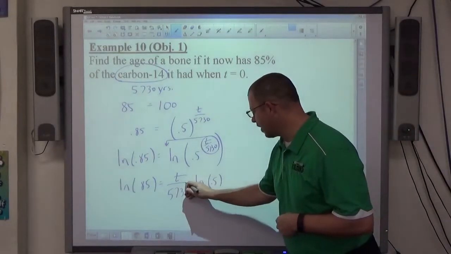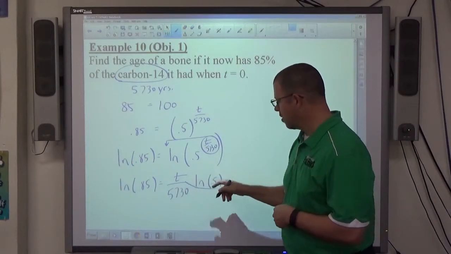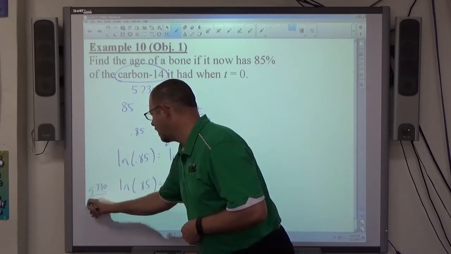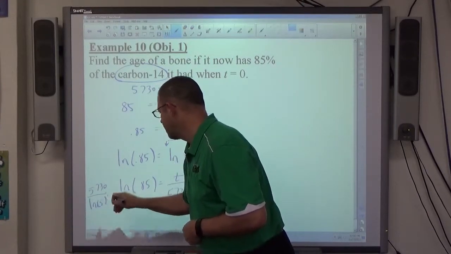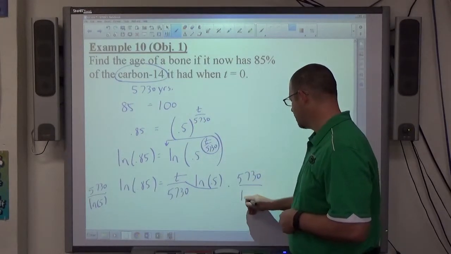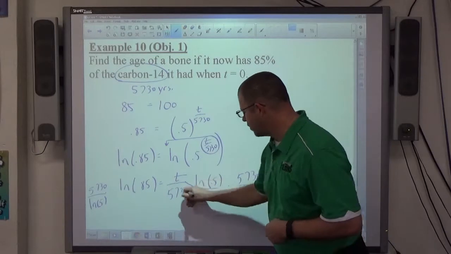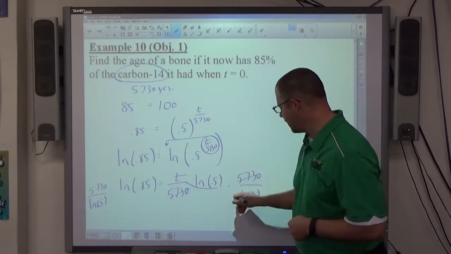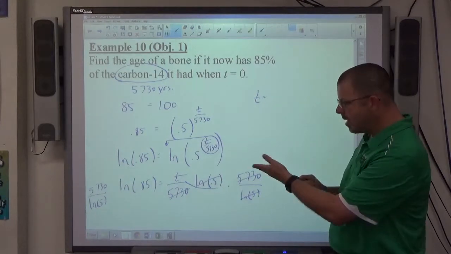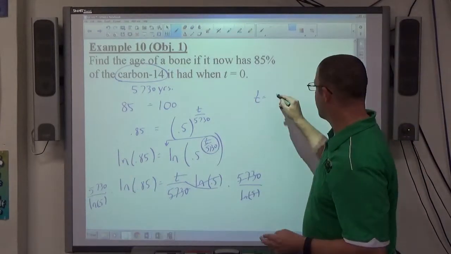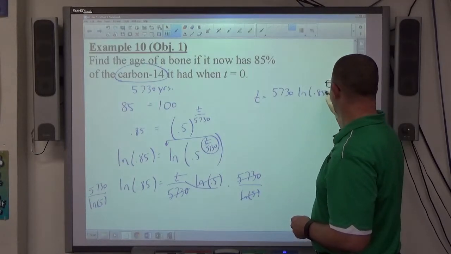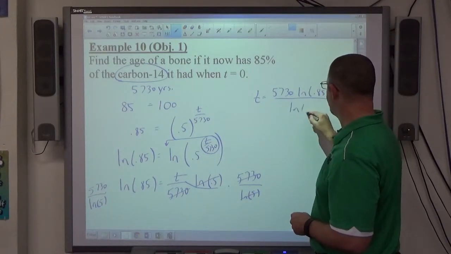If you imagine this is like a fractional coefficient, multiplication by 5,730 over ln of 0.5, same thing here, 5,730 over ln of 0.5, accomplishes getting rid of 5,730 and ln of 0.5 over here. And my result is just that whole thing: 5,730 ln of 0.85 divided by ln of 0.5.